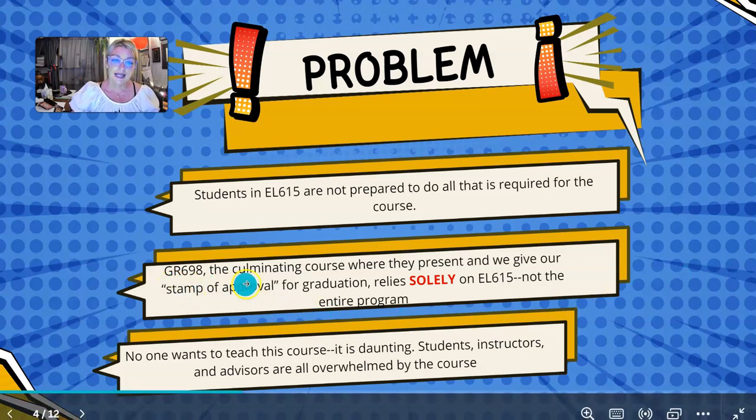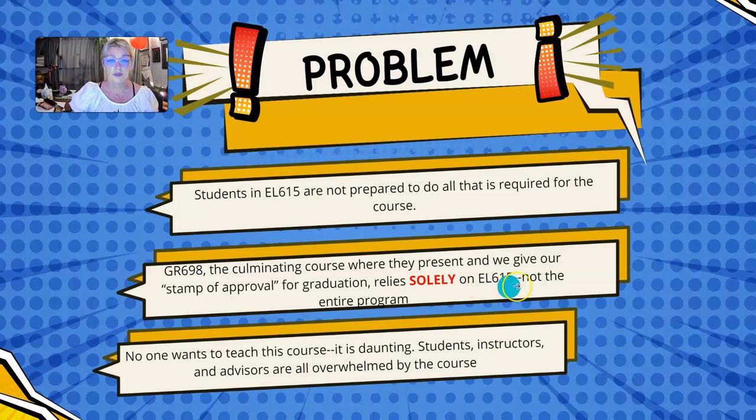Also, GR698, our culminating course, where they present and we give our stamp of approval, is only relying on EL615. It's not a representation of our entire program, and I personally have a major issue with that. I don't think it's doing our program any favors.